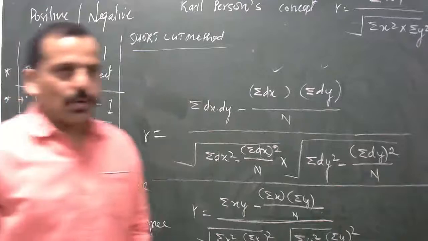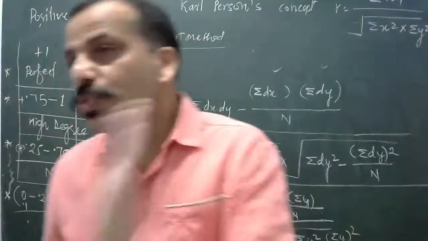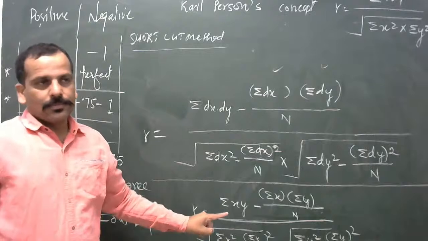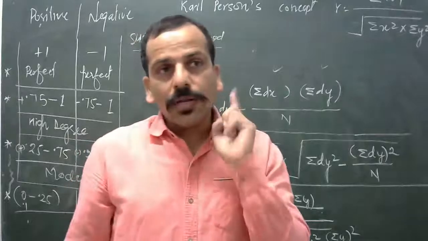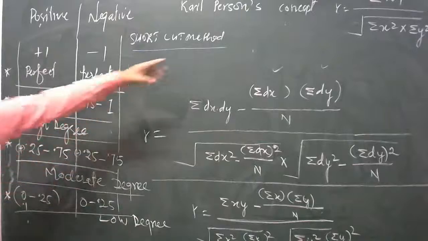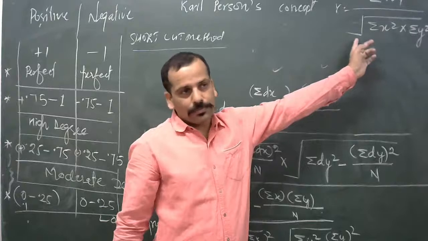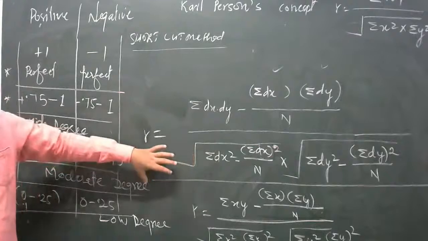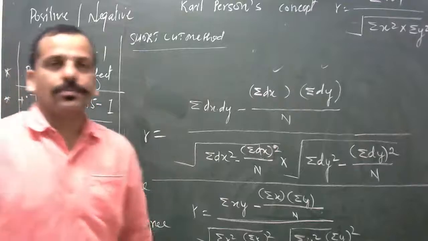Why do we apply the shortcut method? If you are taking an assumed mean rather than the actual mean, then you have to apply this formula. Listen carefully. In the direct method you have to take the actual value of the mean. In the shortcut method you have the liberty to assume any value.